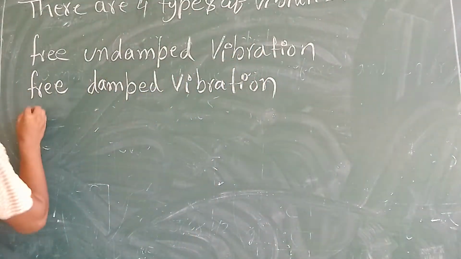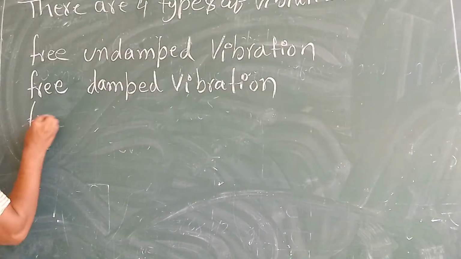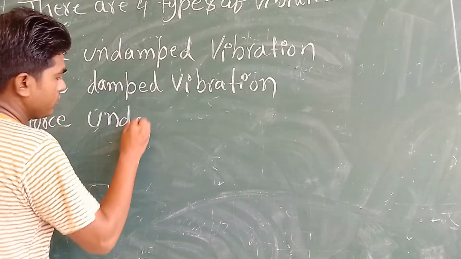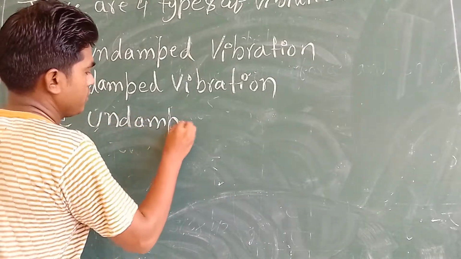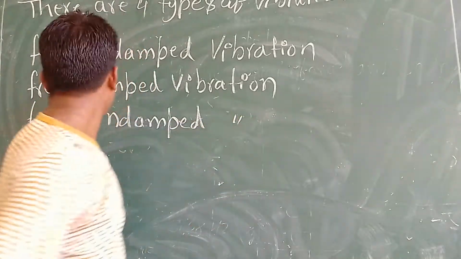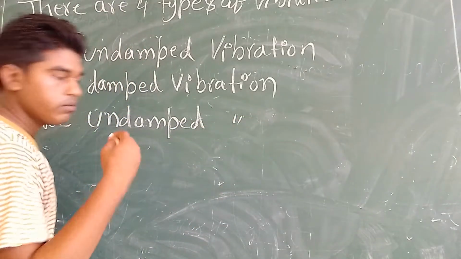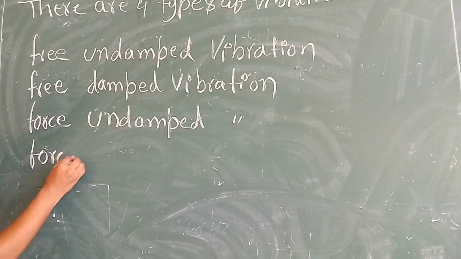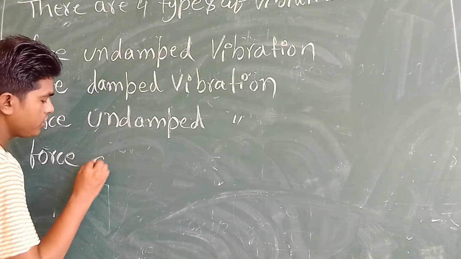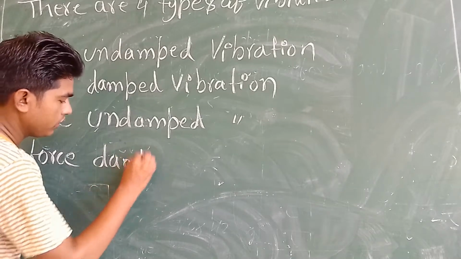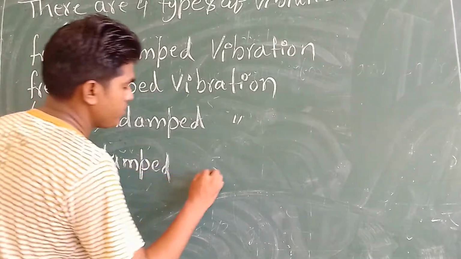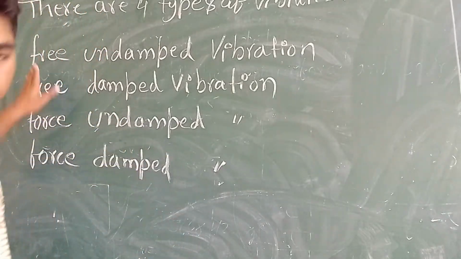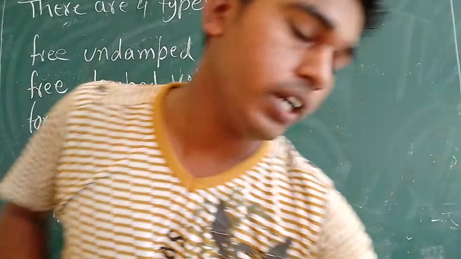And third, forced undamped vibration. And fourth is forced damped vibration. These are the four types of vibration.